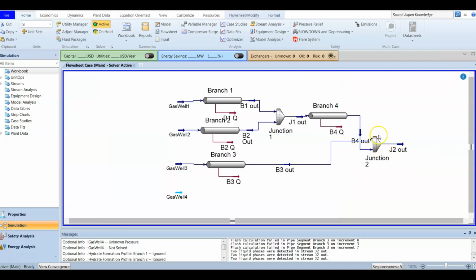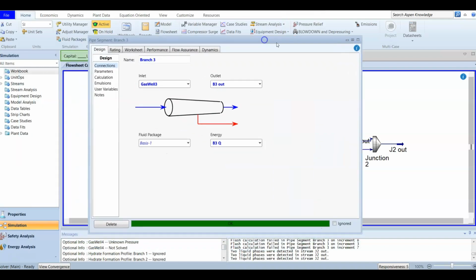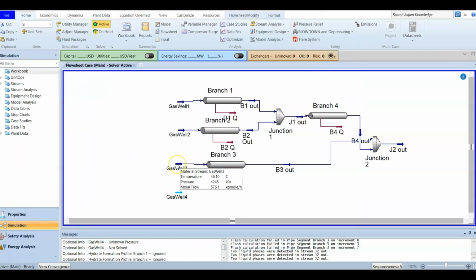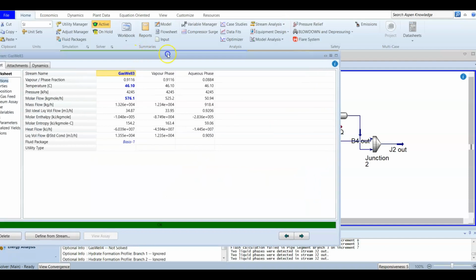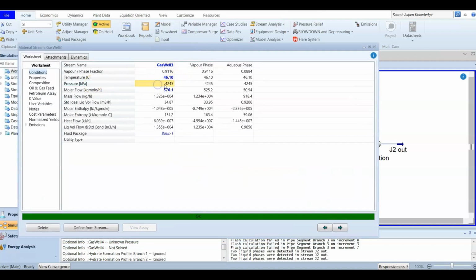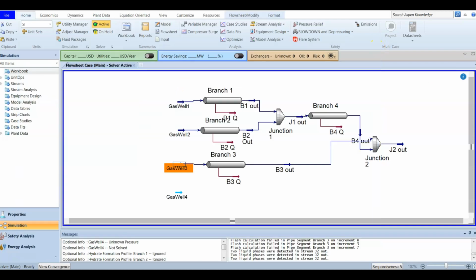Now this one is fully defined and solved, and surprisingly the branch is solved because you have done a back calculation. So now our third branch is calculated, and we want to know the pressure at the well, because we didn't have it at the beginning. The pressure at the well is calculated to be 4,245. This is done by a back calculation.